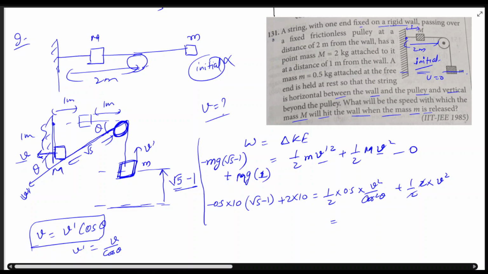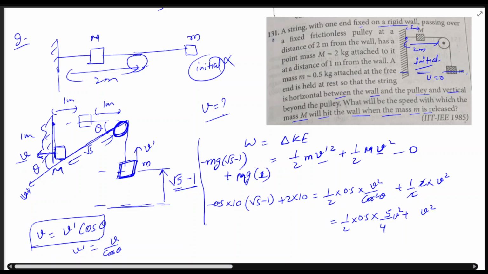So cos theta will be 2 by root 5, so cos square theta will be 4 by 5. So 4 and 5 will come up. So we'll have half into 0.5 into 5 divided by 4, right? Plus this is v square.